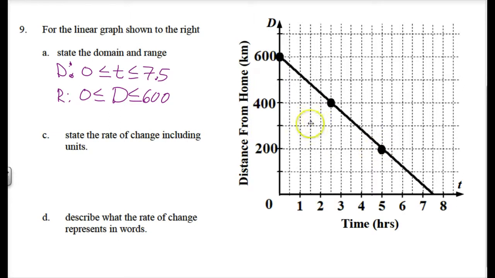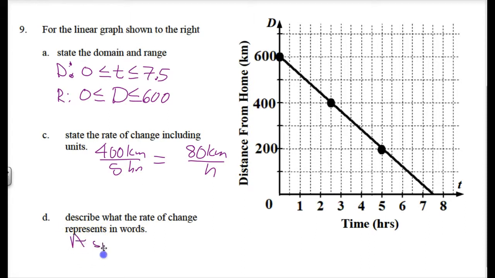Now, that's a little awkward to divide by. So let's say we go from 600 to 200, we go 400 kilometers in 5 hours. So that's equal to 80 kilometers per hour. That's the rate of change, right? 80 kilometers per hour.